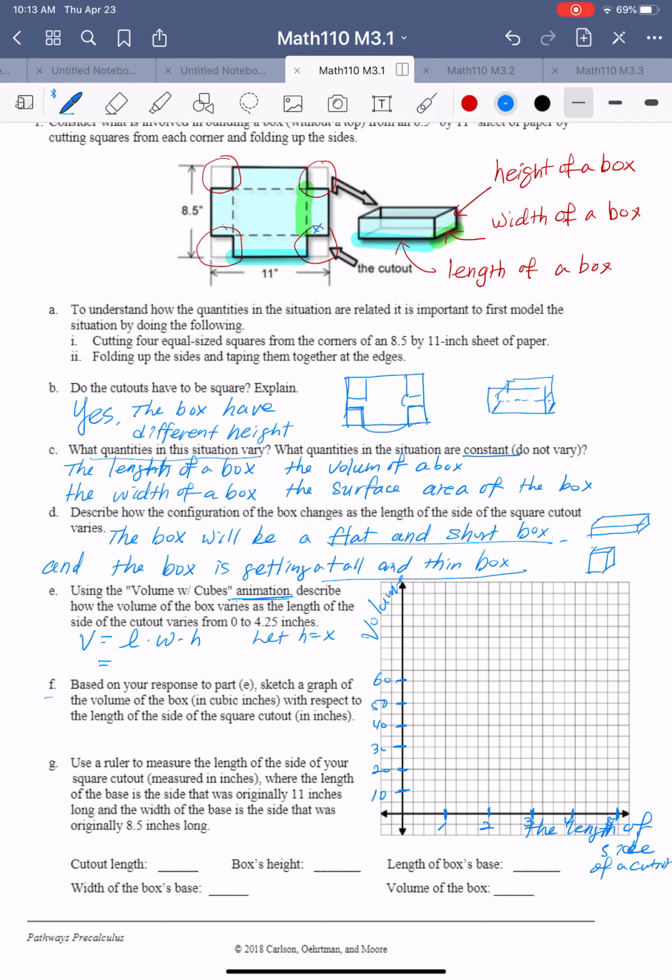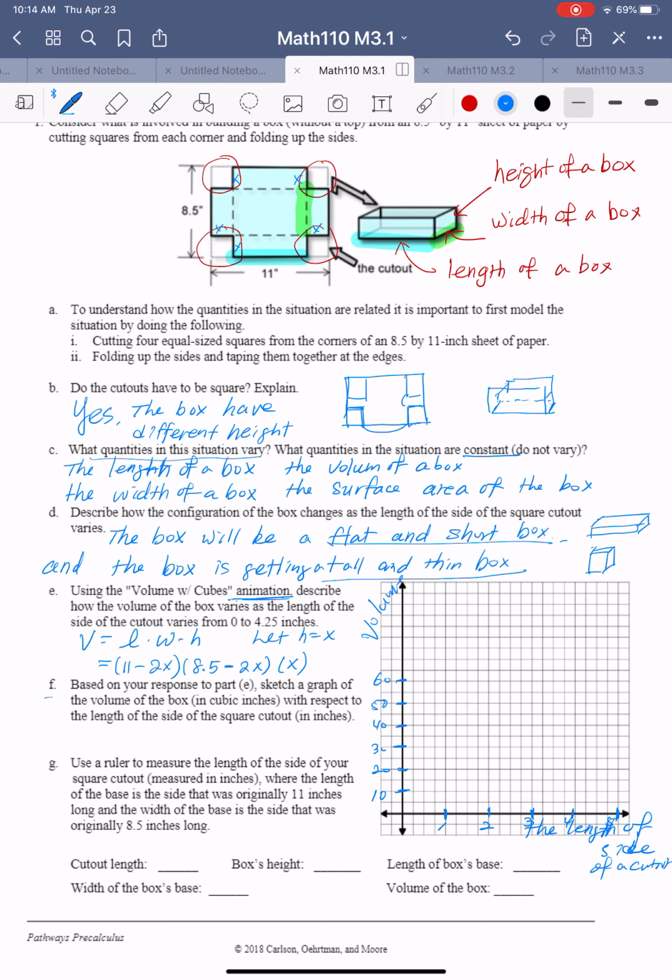So the length of the box becomes 11 minus 2x. The width is 8.5 minus 2x, but the height stays as x. So x represents the height, and also the side of the cutout.